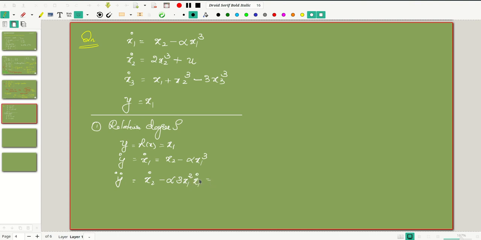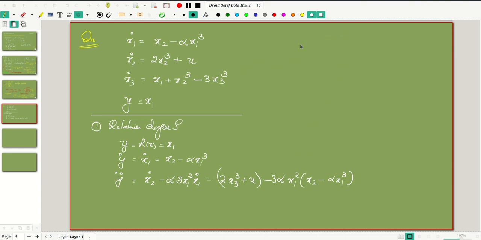Okay. So, x2 dot is 2x2 cube plus u, minus 3 alpha times x1 squared into x1 dot, which is x2 minus alpha x1 cube. So, you can find out y dot the way we normally find it.